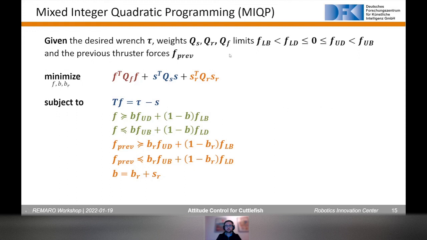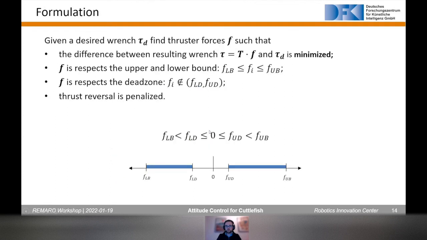If b is 1, for example, then f must be larger than the upper dead zone, and in the second equation it must be lower than the upper bound. So if we go one step back, it means that it is lying in this blue set here.